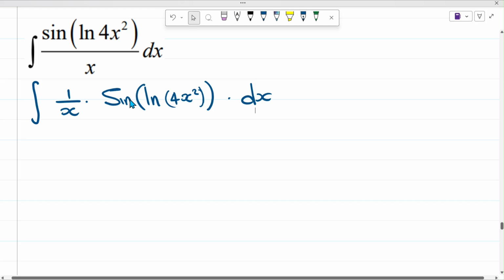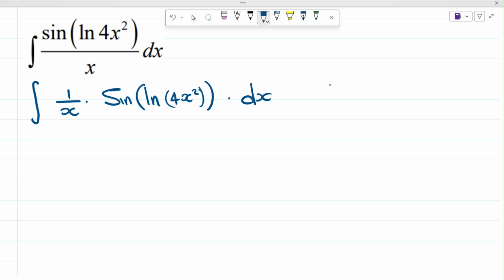So we can say that definitely something was differentiated for us to get sine. So before we conclude, we need to make sure that we have the derivative of the argument alongside this trig function, right? So we check. Now when we differentiate ln of 4x squared, what do we get? It's going to be 4 times 2, so 8x divided by 4x squared.